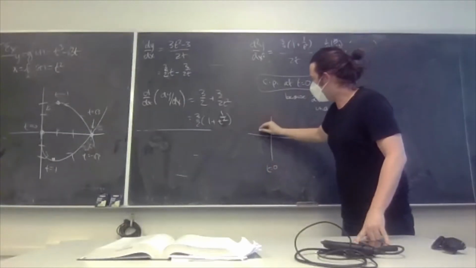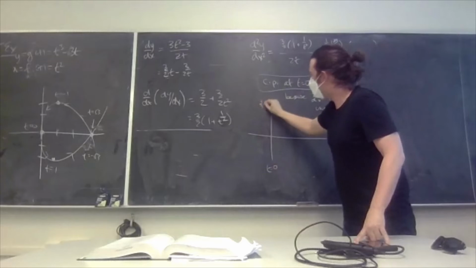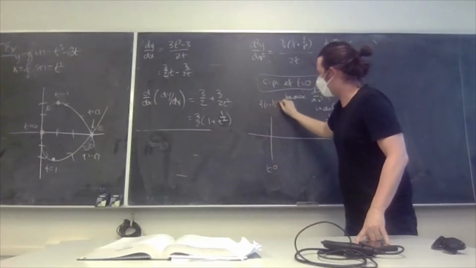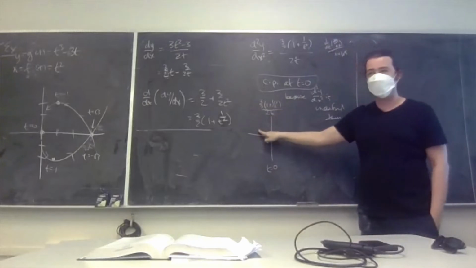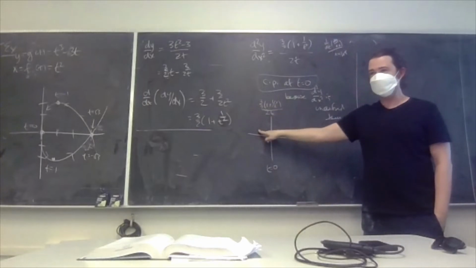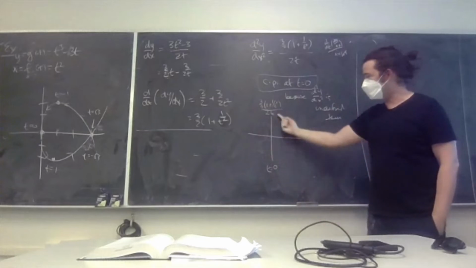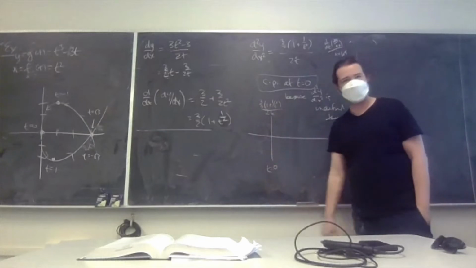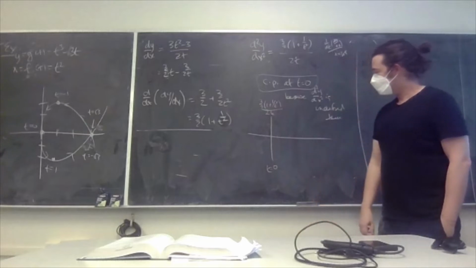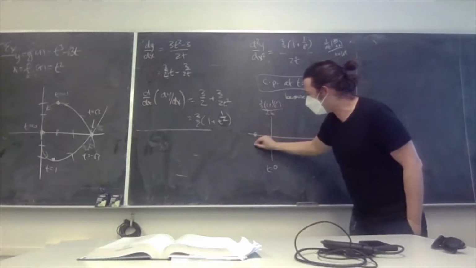And I want to evaluate the sign of 3/2 times 1 plus 1 over t squared over 2t. If I take that function and I put in something smaller than 0, put a -1 in here. Look at all these tools from the ancient days of calculus we're using. I pick a test point.